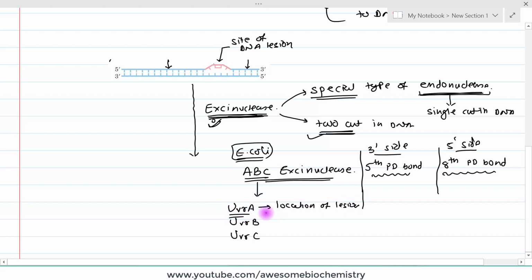UvrA will identify where the lesion is in this DNA. So it will identify this portion. Once this is identified, UvrB puts a cut on the 3' side of the lesion, and UvrC puts a cut on the 5' side of the lesion.